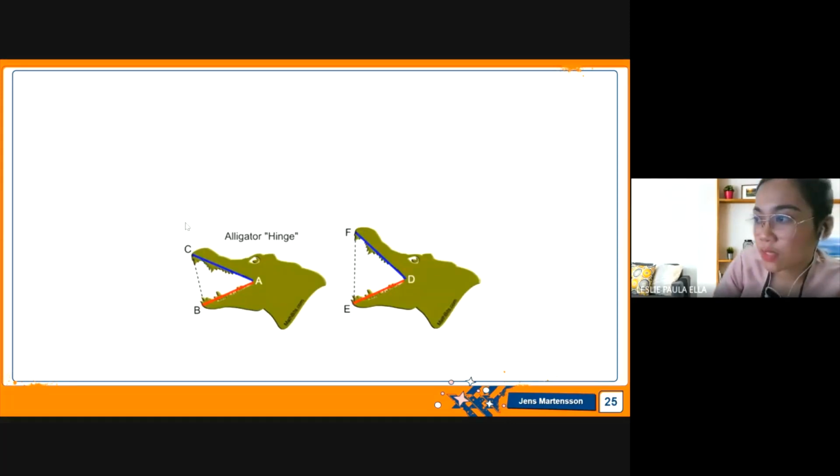Like this alligator, for example: the length of the mouth is the same, but if the opening is smaller, it has a lesser value of its angle, while if the opening is bigger, the value of its angle is bigger than the first.